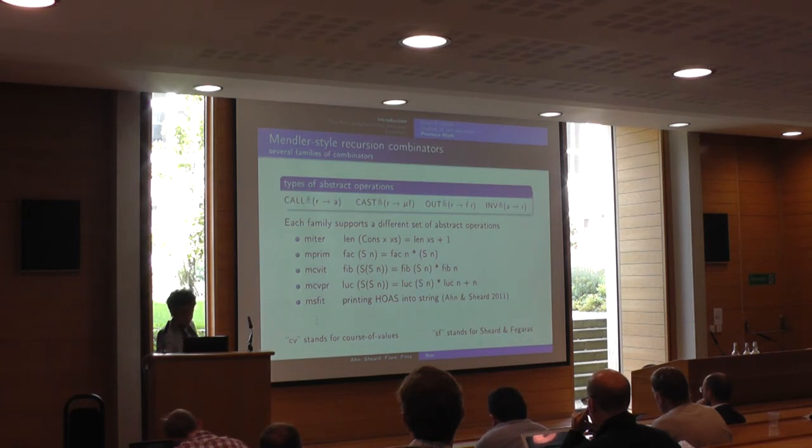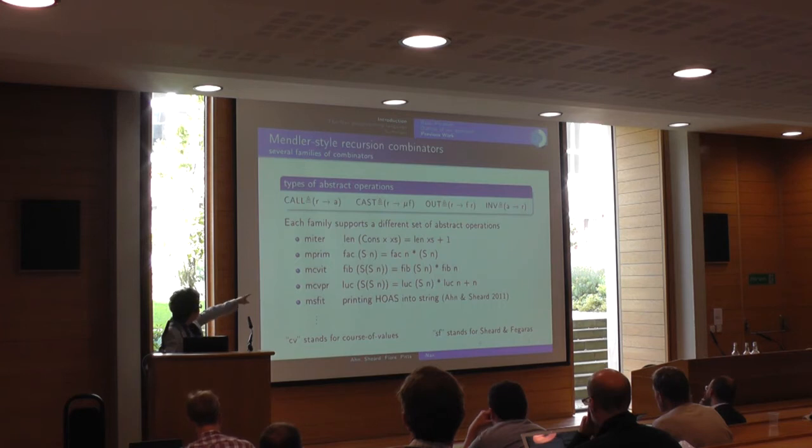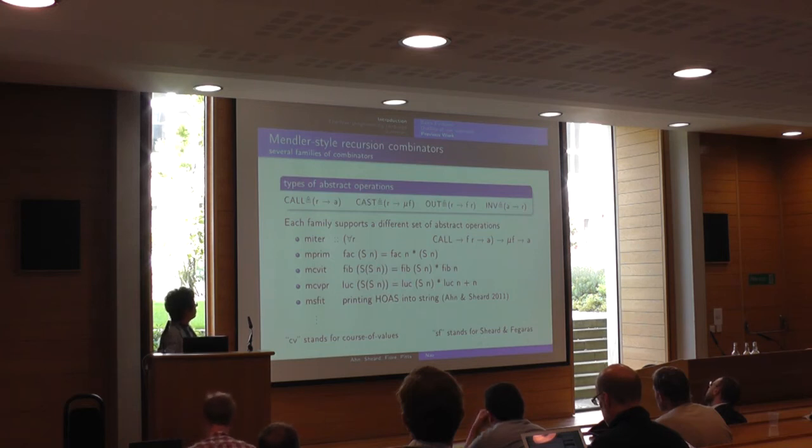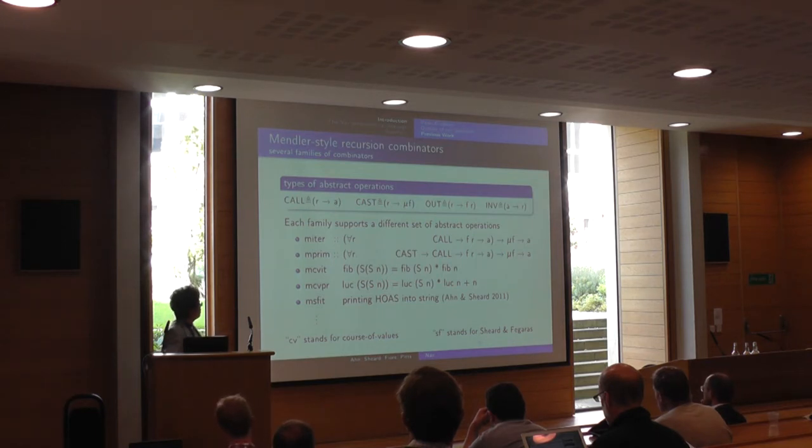So what I want to just go over is the types of these recursion combinators. Since you only need to do a recursive call, you only need the abstract operation of call to do the work. And for primitive recursion, you need a way to cast the abstract type into a concrete recursive type.